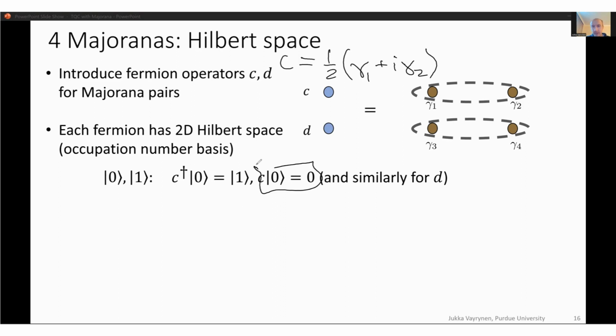There's a vacuum state which we call 0, which has occupation number 0, which is annihilated by the C operator, and then there is a state 1 that I can generate from the vacuum by applying the fermionic raising operator to that state.